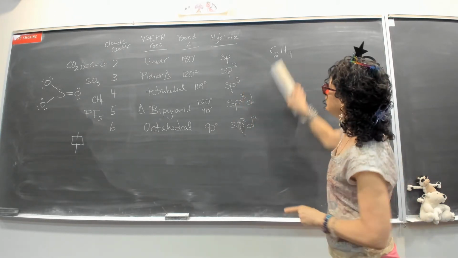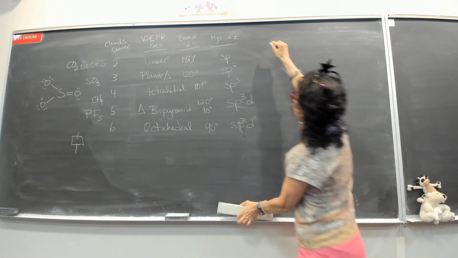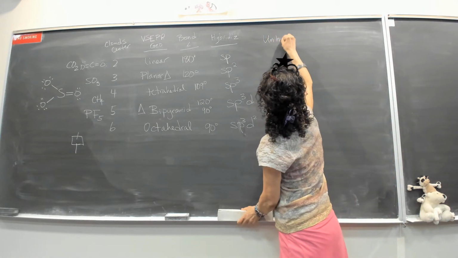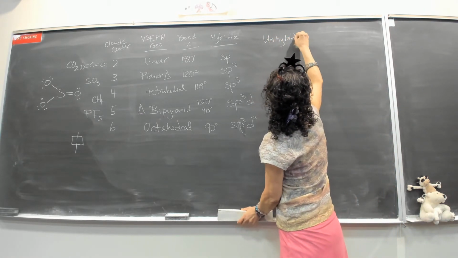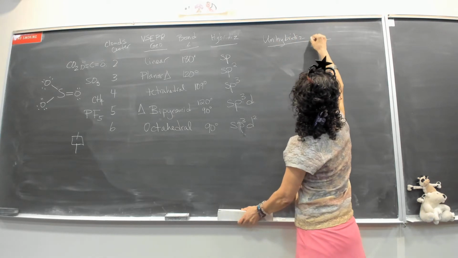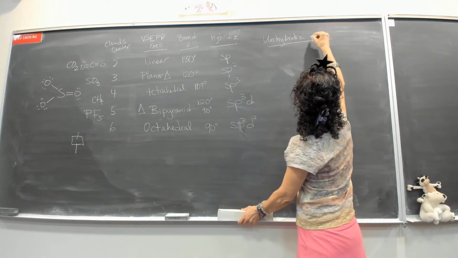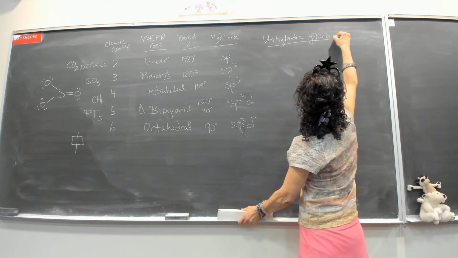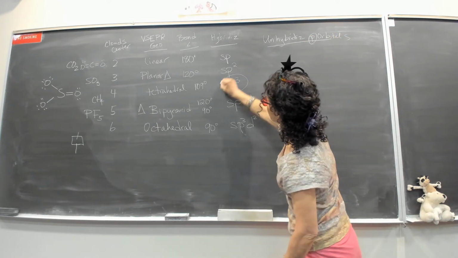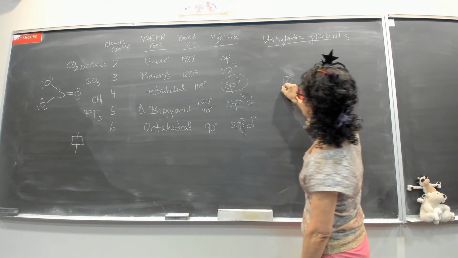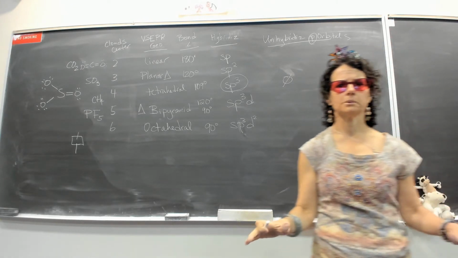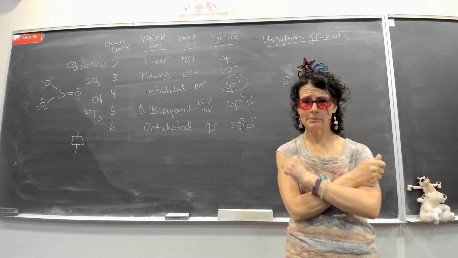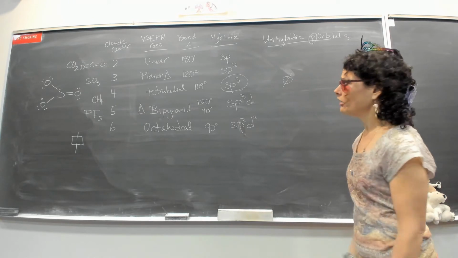And actually, I want to add one more thing to our chart, and that is unhybridized orbitals. So specifically the p orbitals. So for sp3, our tetrahedral, there's 0. No unhybridized orbitals. The S and all 3 P's hybridized and are all equivalent.